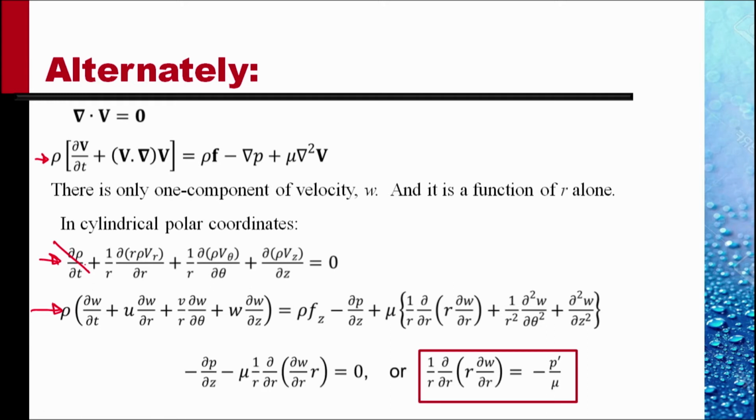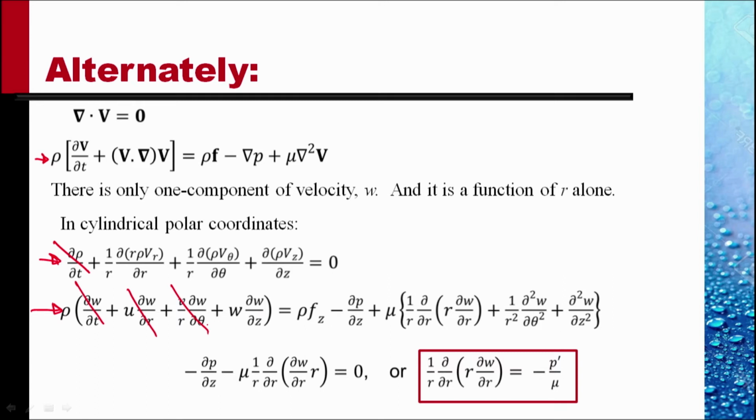Now, here this term is 0 because the flow is steady. This term is 0 because there is no u component, that is component in the r direction, Vr. This is 0 because there is no v component, v is V theta, this swirl component.